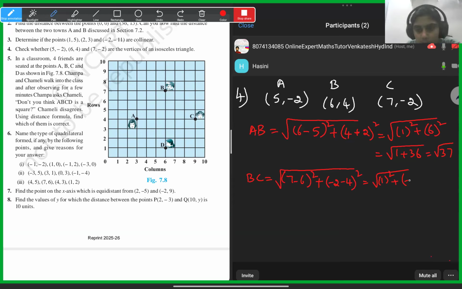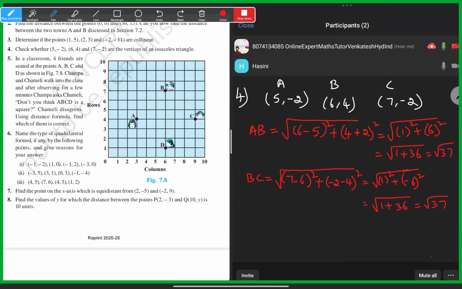So it becomes root of 1 plus 36, root 37. Any doubt? No, sir.